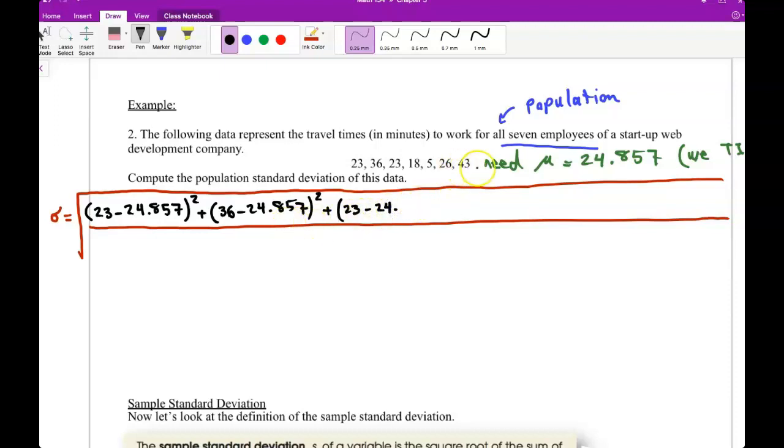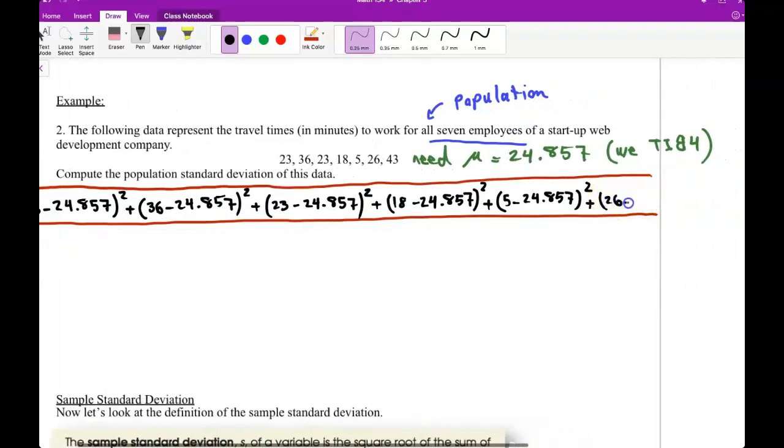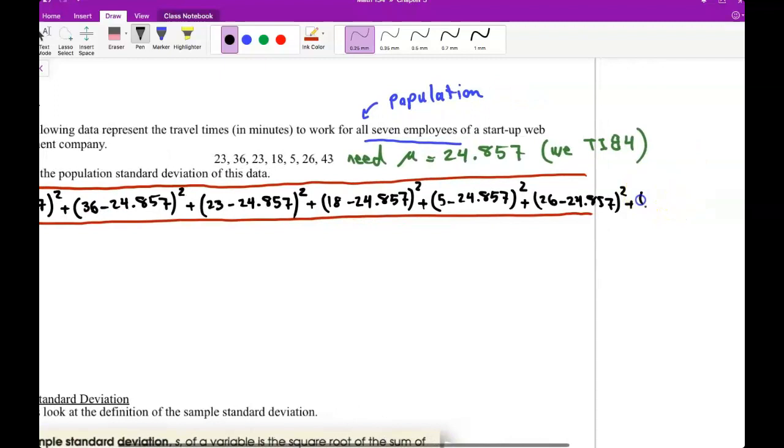So continue all these for all 7 data, and finally 43.